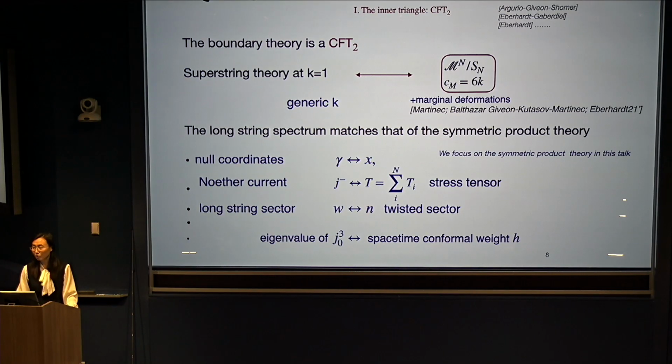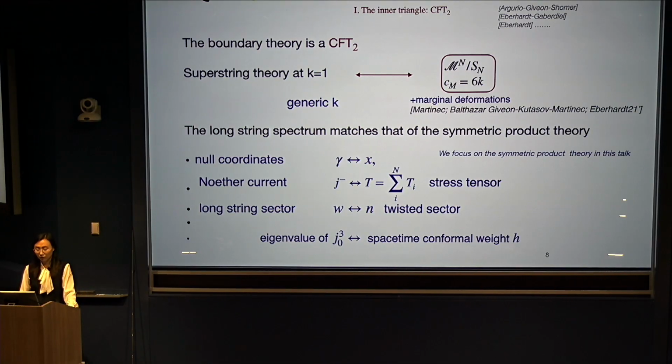Okay, so let's go back to the long string sector, and this winding in the bulk is mapped to this. In the symmetric product, the spectrum is characterized by different twisted sectors, and this little n I use to label the twist in the symmetric orbifold. So w for the long string is mapped to n in the twisted sector.